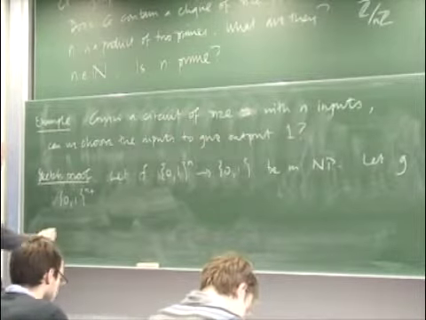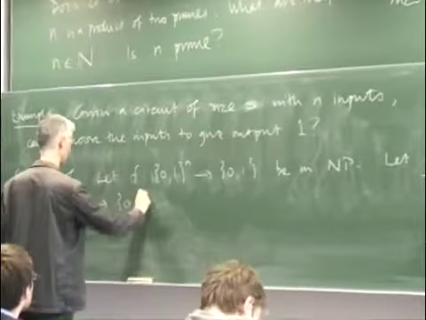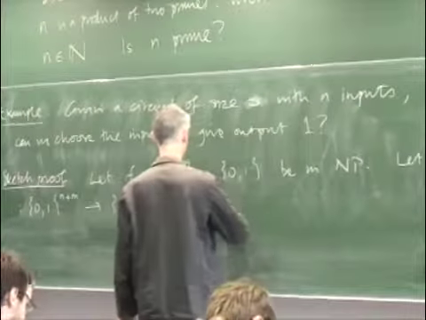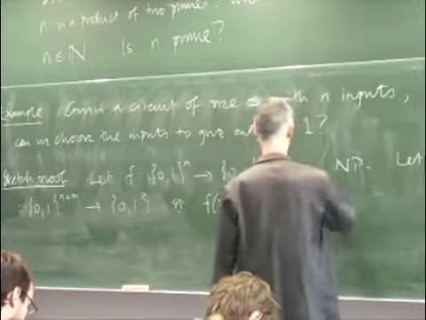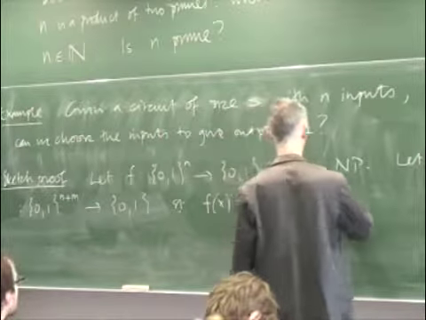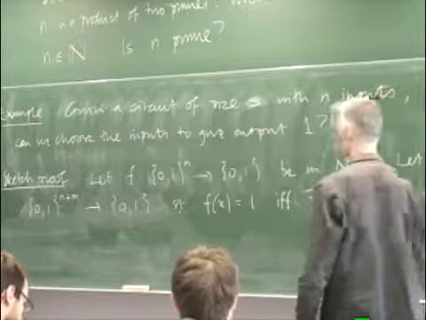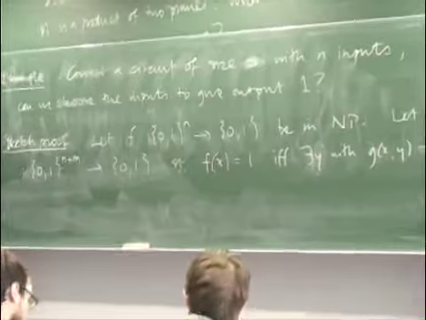So {0,1} to the N plus M to {0,1} such that f(x) equals 1 if and only if there exists y with g(x,y) equals 1. So that I can do by the definition of NP.